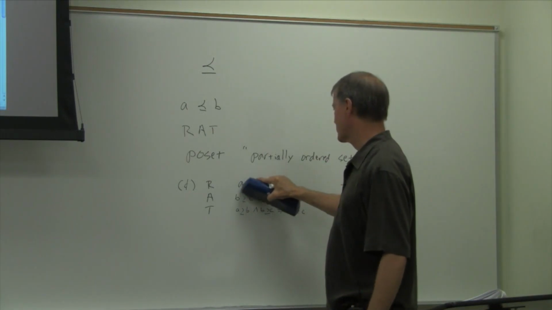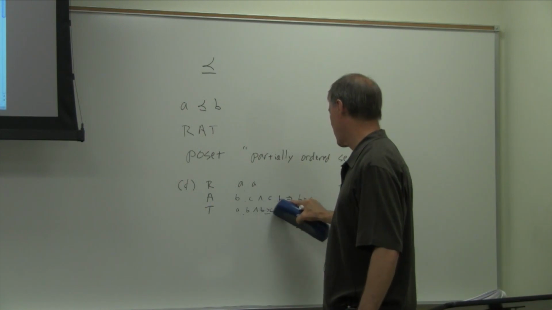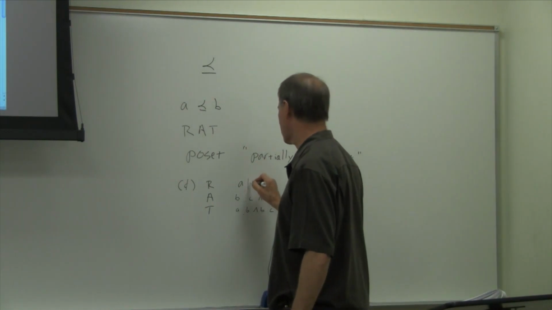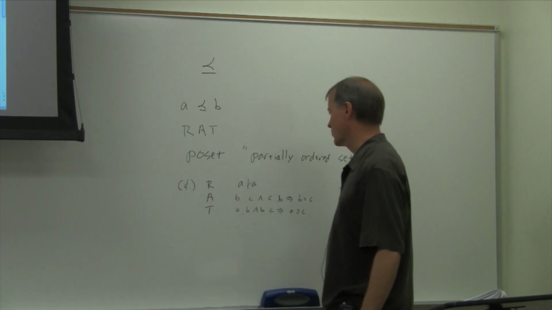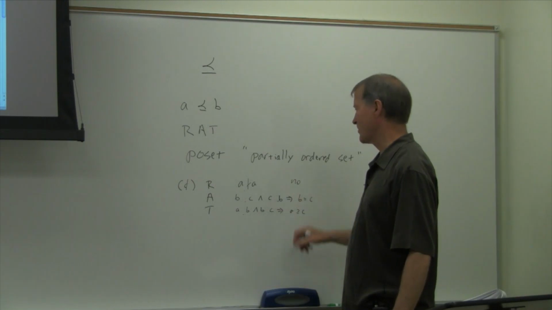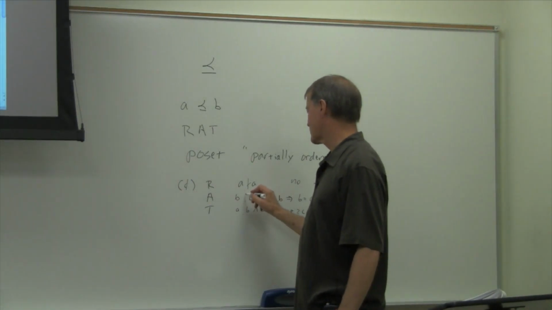So now the operation is does not divide. A does not divide A: true or false? False. So right away we know it's not a poset. It's not reflexive. How about this?